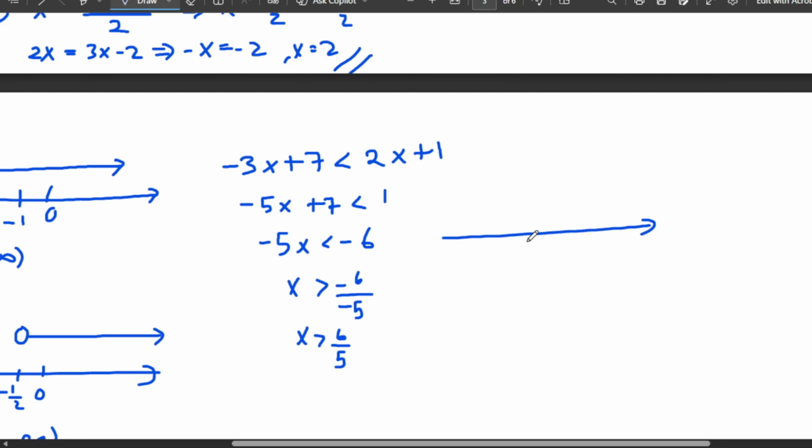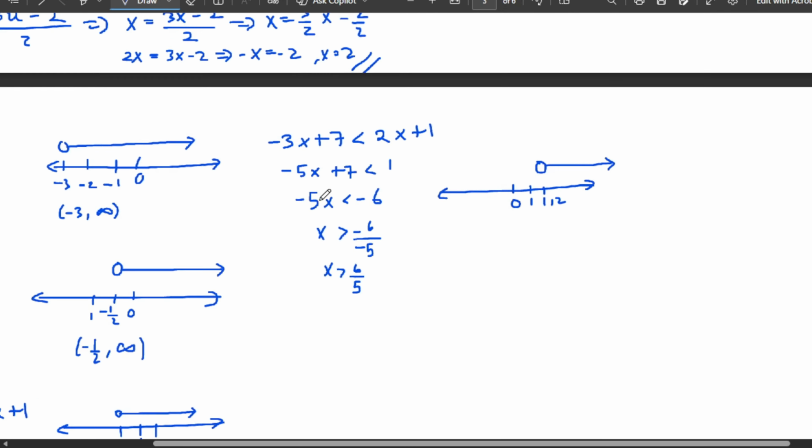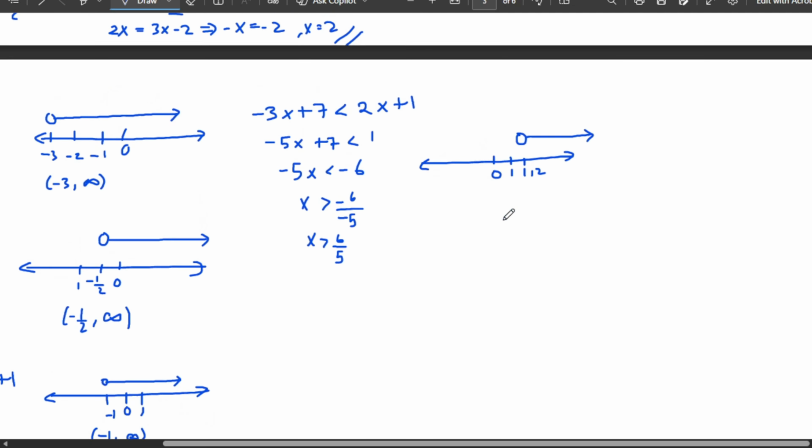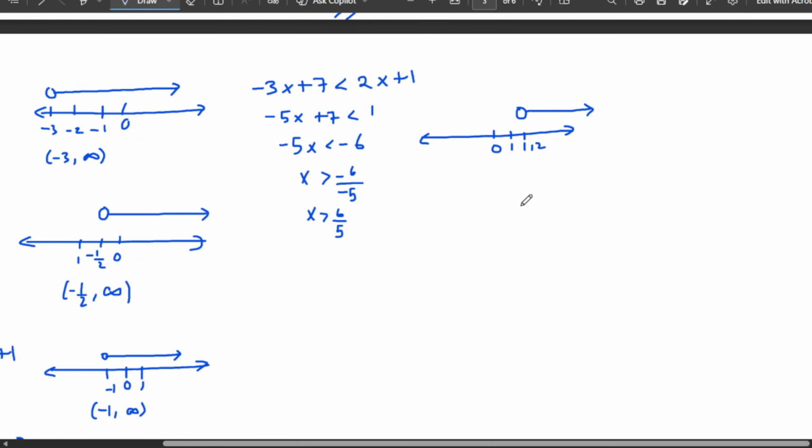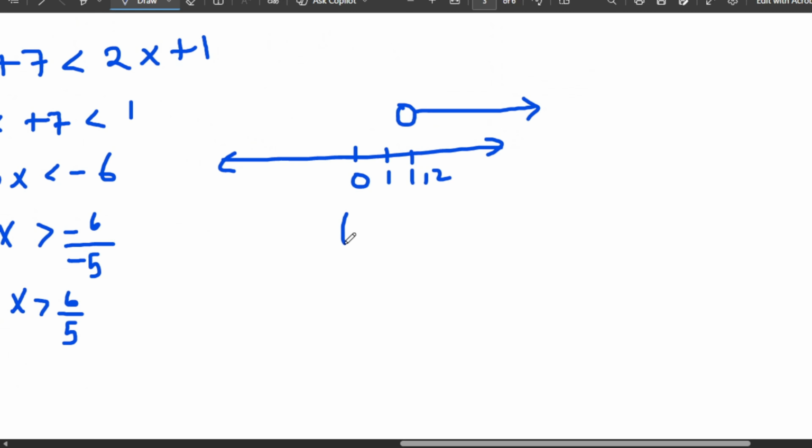On the number line, 0, 1, and then what's 6 over 5? If we find it, it would be 1.2. Yeah, it's 1.2 here with an open bracket going to positive infinity. That's the solution for this inequality. The interval notation will be 6 over 5 to positive infinity.